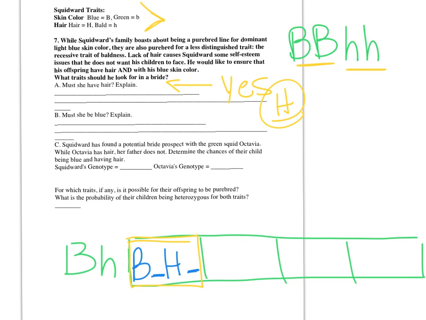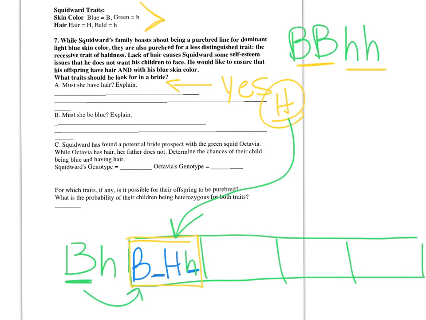Okay, because Squidward's going to give off the little H. He has nothing else to give. So then mom has to come up with that big H. And for the blue color, Squidward's going to give up that blue color, right?